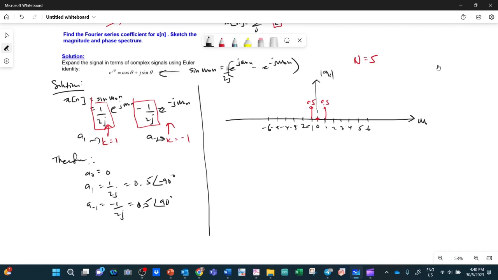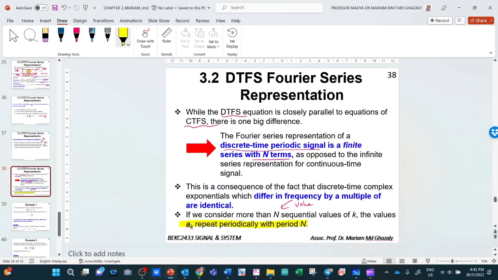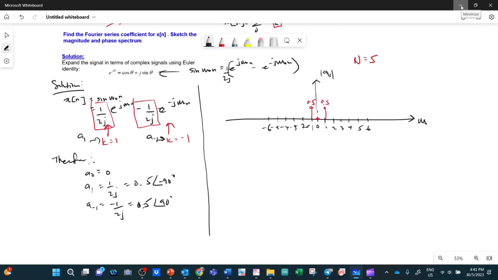But by definition, for discrete time, if we consider a period of N, then the value a_k is going to repeat periodically with period N. So every N period, this a_k value will be repeating again.